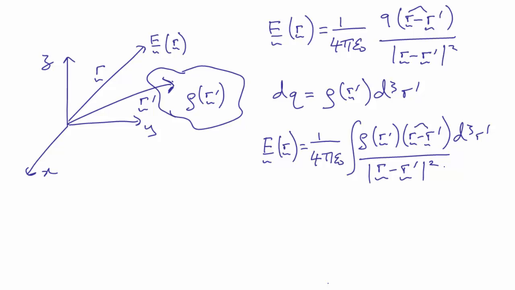The integral, of course, is over the volume that defines the charge distribution, so it would be over this volume here. With this equation, we were then able to study properties such as the divergence of the electric field and the curl of the electric field. And we began to learn about this electric field and some of its properties.